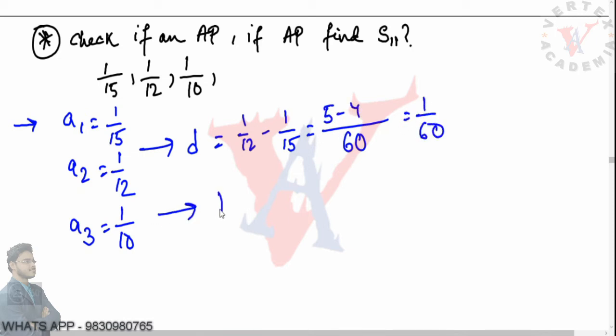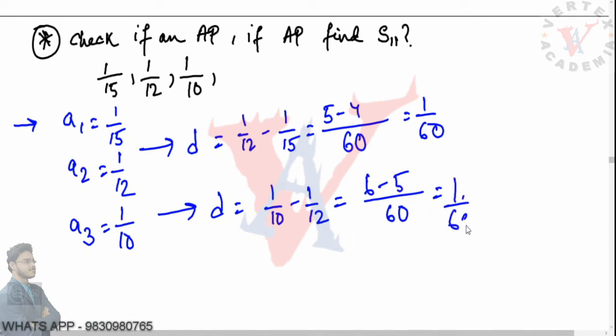And from the second and third terms, the common difference is 1 by 10 minus 1 by 12, which is 6 minus 5 over 60, so this is also 1 by 60, right? So yes, this is an AP because the common difference is coming the same.